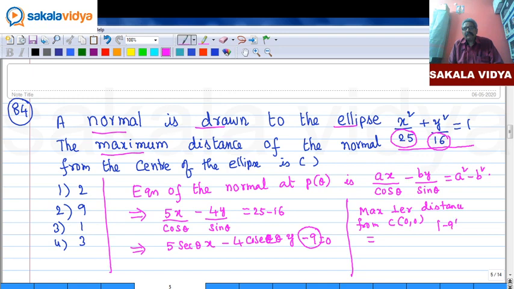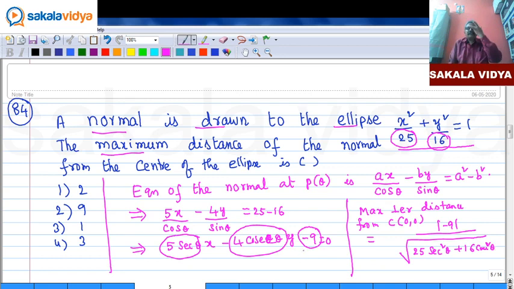Mod minus 9 by root of, A means 5 sec theta, B means minus 4 cosec theta. Here you get 25 secant square theta plus 16 cosecant square theta.